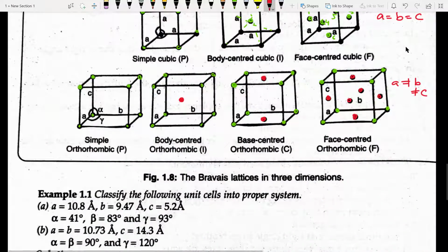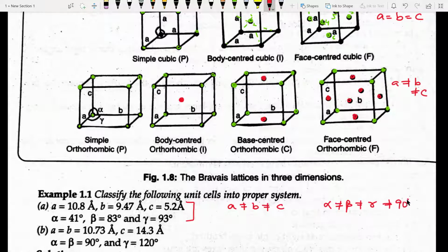And on the basis of this, we have 2 very simple numericals. Classify the following unit cells into proper systems. Here A is equal to 10.8 angstrom, B is equal to 9.47 angstrom, C is equal to 5.2 angstrom. A is not equal to B is not equal to C. Alpha not equal to beta, not equal to gamma, and not equal to 90 degree.